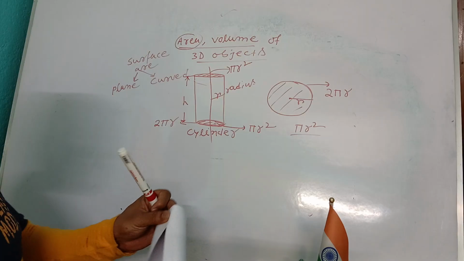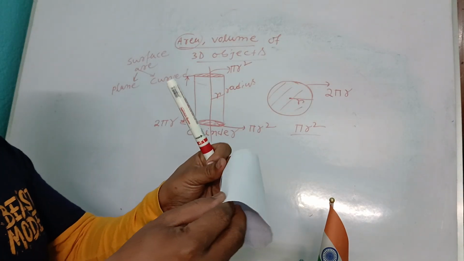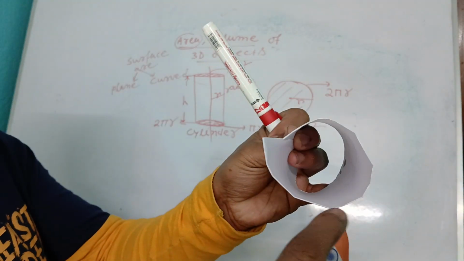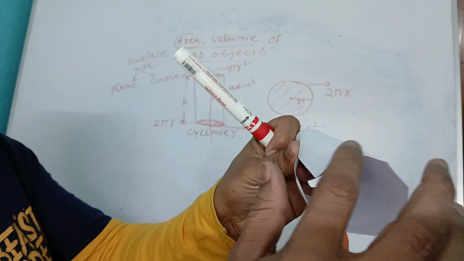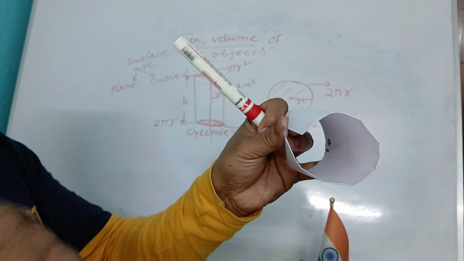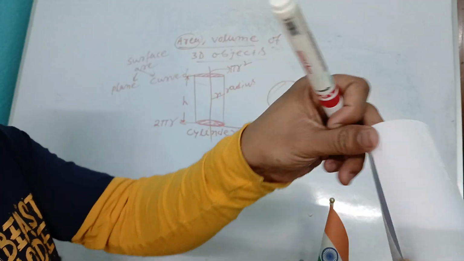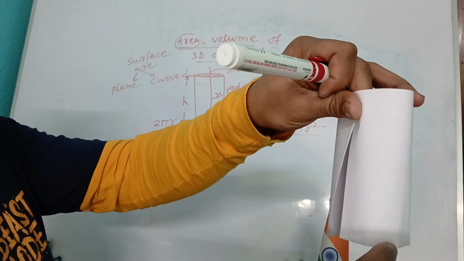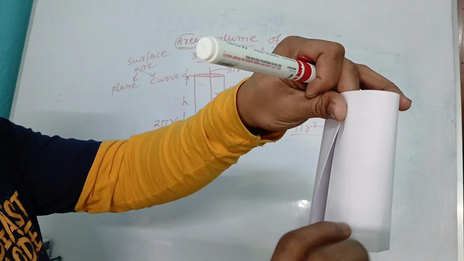This is the cylinder. This is 2 pi r. Here I am taking this height, it is h.